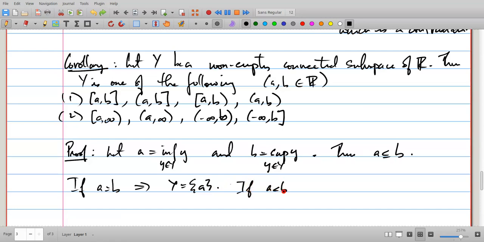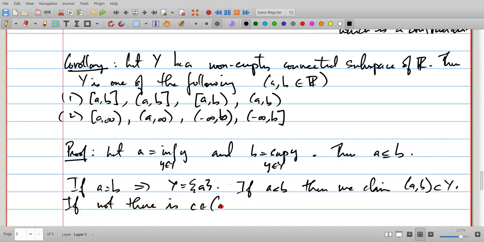If A is strictly less than B, then we claim that for every C such that C lies between A and B, the open interval (A,B) is contained in Y. If not, there is C in this interval such that C does not belong to Y.